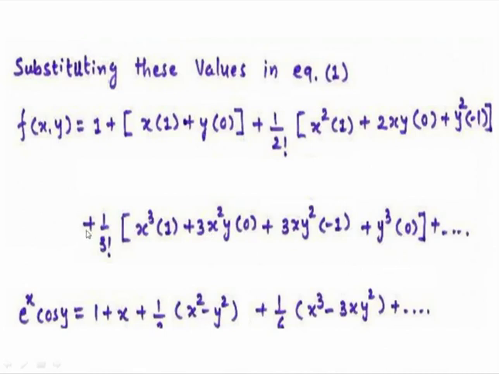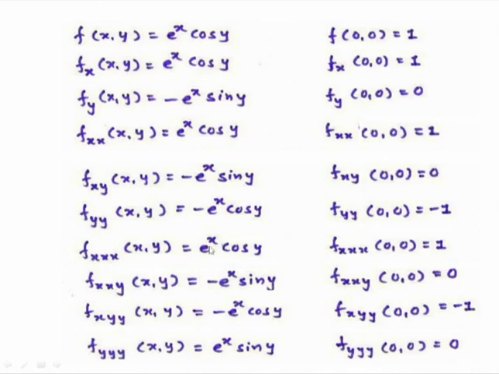Then the third order partial derivatives multiplied by 1 upon 3 factorial and the remaining terms. So x cube into fxxx, the partial derivative of f with respect to x three times, is 1. Then fxxy is 0 and fxyy is minus 1.